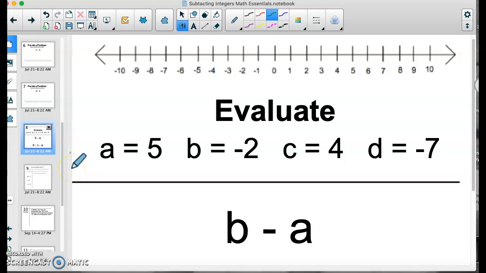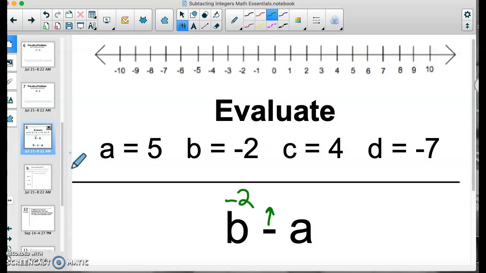One of the words that we used from earlier was substitute. So essentially what we're going to do is we have B here, and we have to find B up here. We have to take -2 and substitute it in for B. So what this will look like is -2.